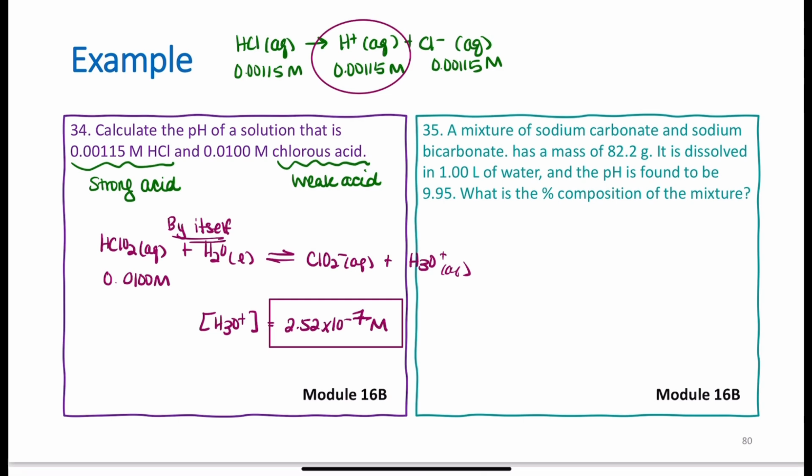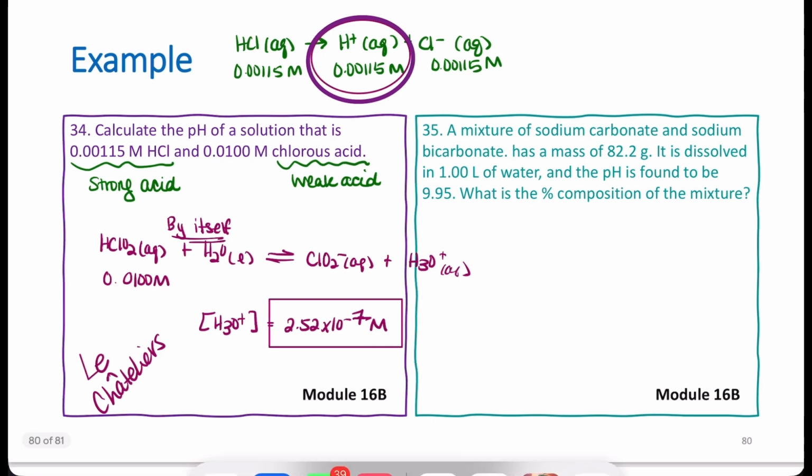But I want to take it a step further and make you actually think about what's happening here. Le Chatelier's principle comes into effect. HCl is going to dissociate 100%. When that happens, it's going to flood the system with H plus ions.